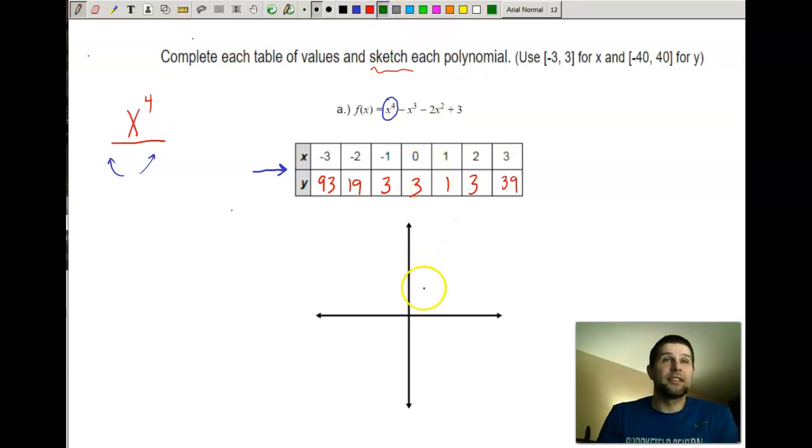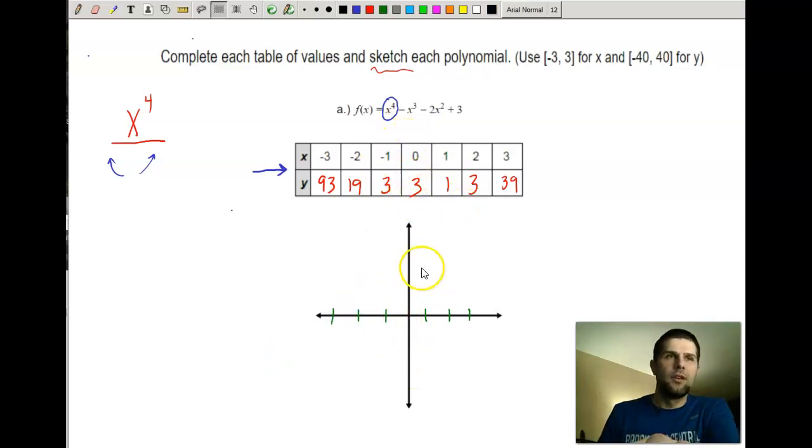And so if we're just going to sketch this, we're going from -3 to +3. So on my x-axis, I'm just going to put a few notches there, 1, 2, 3, because that's all we're doing in this graph.